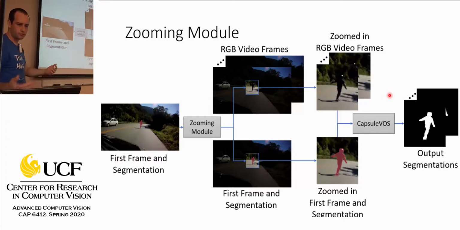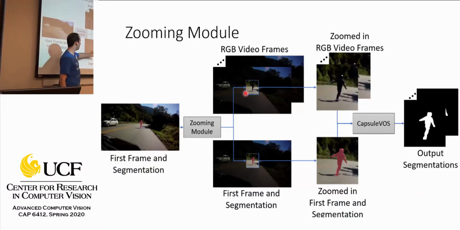So what we do is we have a zooming module which inputs this first frame and segmentation and outputs a set of bounding box coordinates around the object such that we only have to focus in on this cropped region. Then we crop that region, resize it, and pass it into our network to obtain the segmentation for this region here.